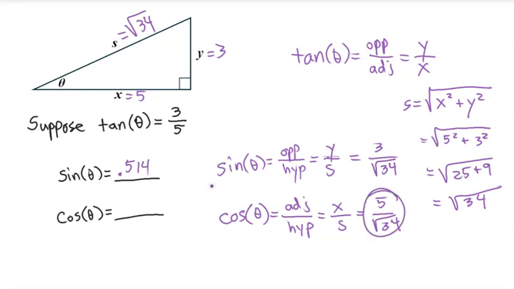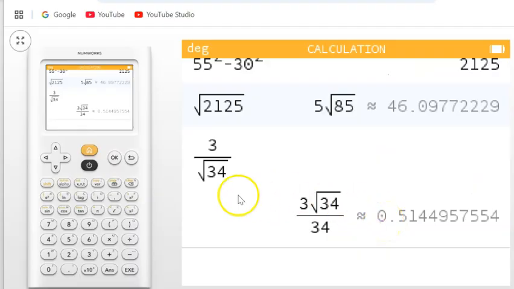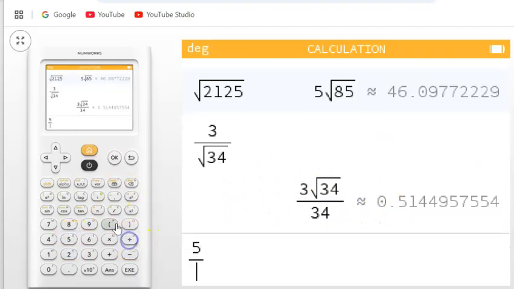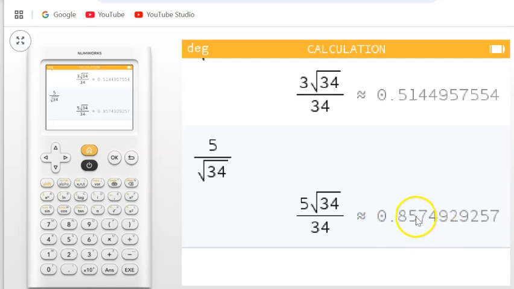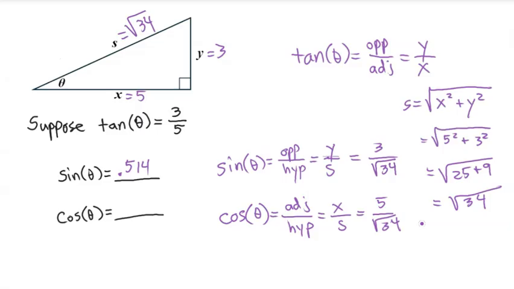Then cosine is 5 divided by the square root of 34. We do 5 divided by the square root of 34, and that gives us 0.857. And so cosine is 0.857.